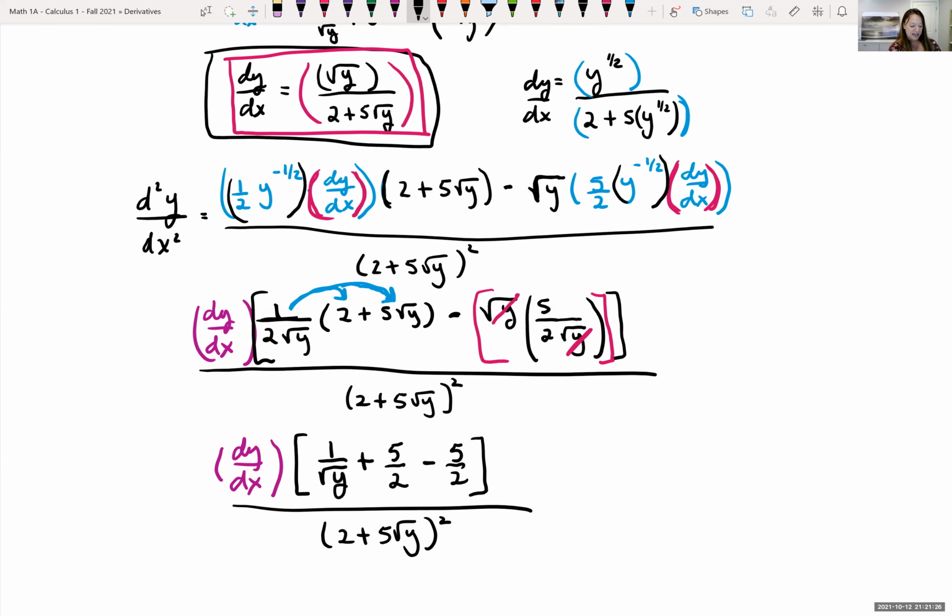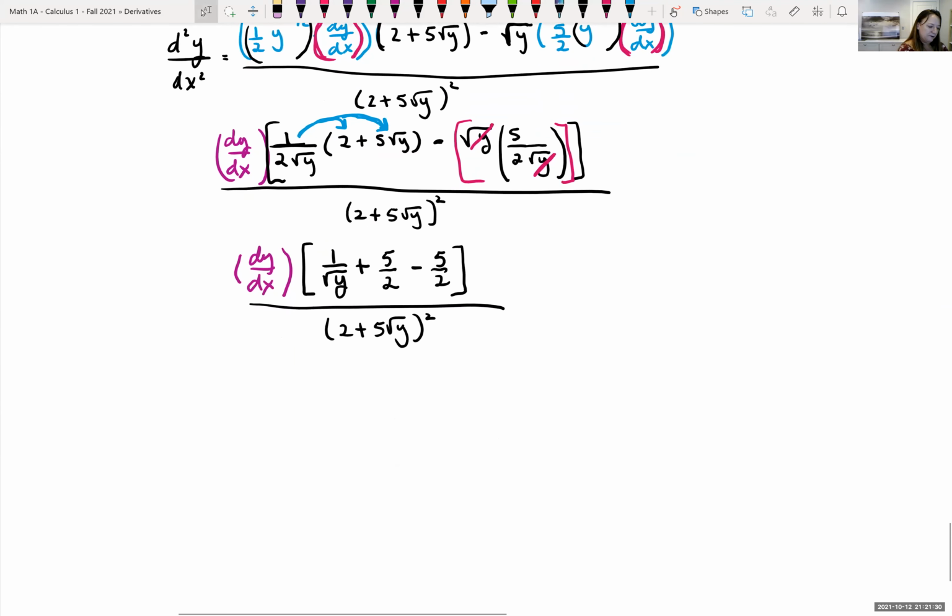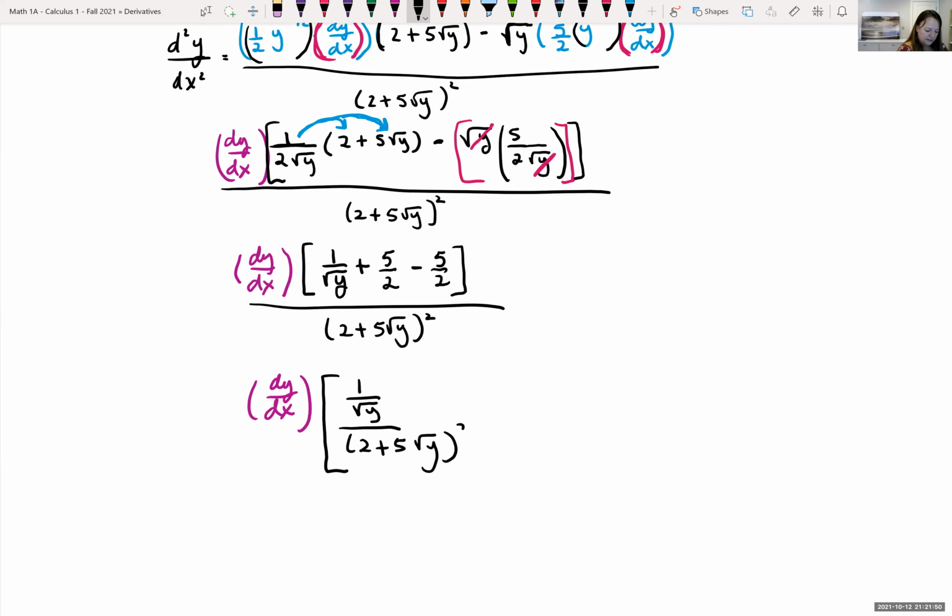So our 5/2 cancel. And so we're left with dy/dx, which I'm going to rewrite in a minute, all times 1 over square roots of y divided by 2 plus 5 square roots of y, quantity squared.